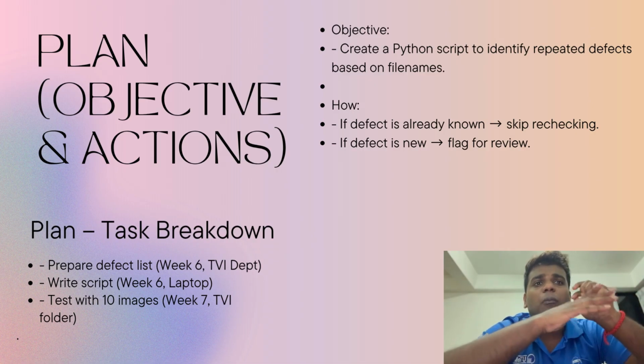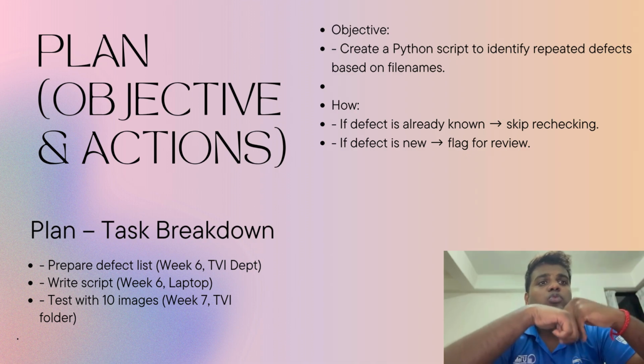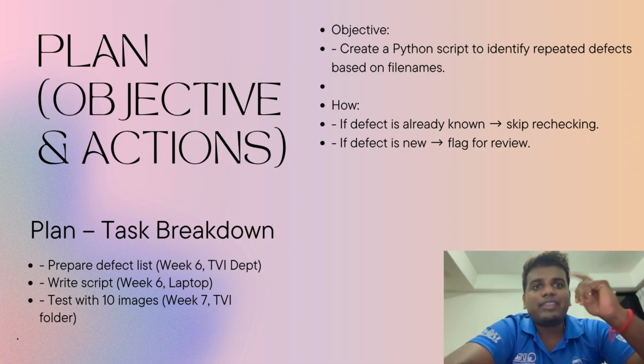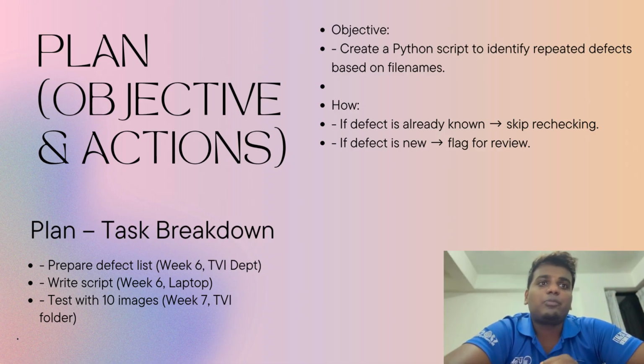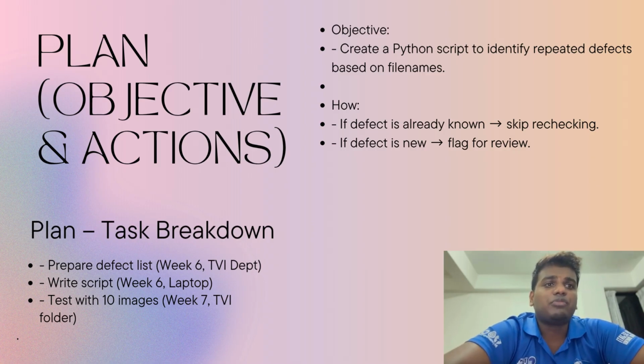Second, I wrote a Python script on my own laptop to read image file names and extract the label. Third, I tested the script using 10 sample images, which are raw images, stored in a test folder during week 7 to check if it works properly or not.